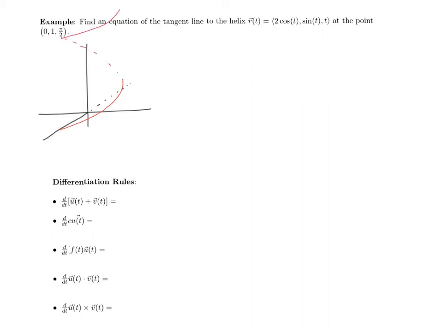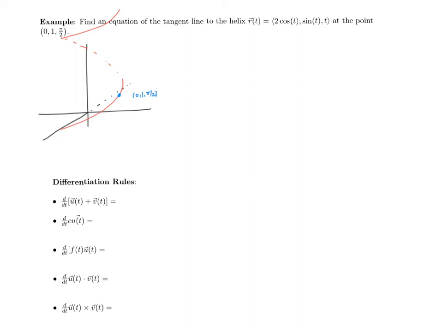the z-axis. And at the point 0, 1, pi over 2, which looks like it could be about right there. So I'm thinking that we go out 0 in the x direction, 1 in the y, and up pi over 2 in the z direction.